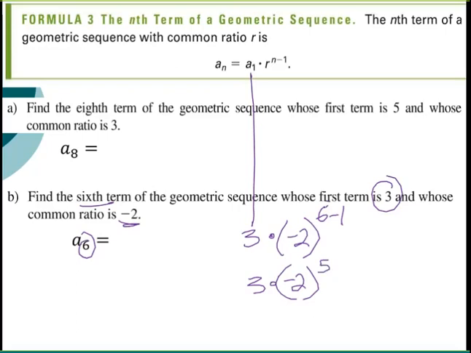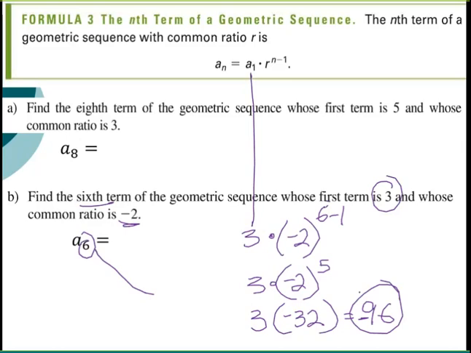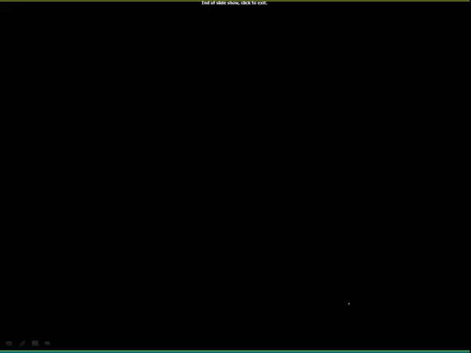If you do -2, you have to be careful. -2 to the 5th power is -32, so it's going to be -32 times 3. So 3 times -32 gives me -96. And so that's what your 6th term would be of that geometric sequence.